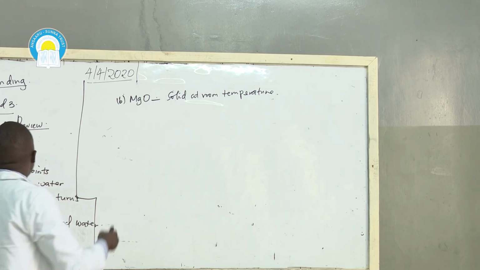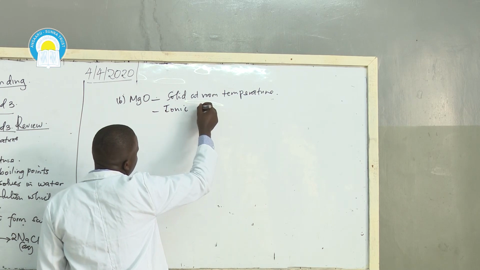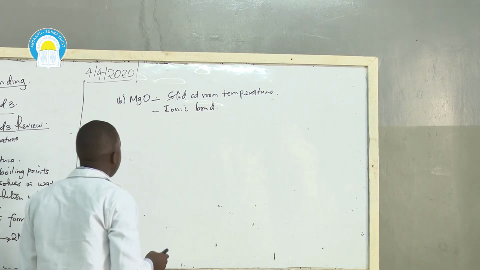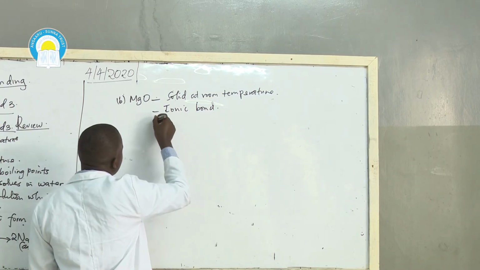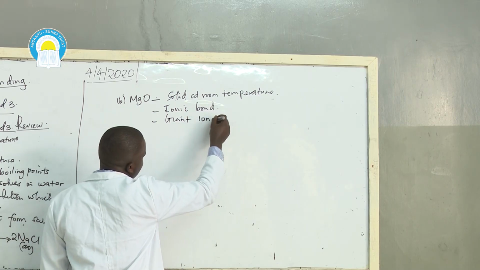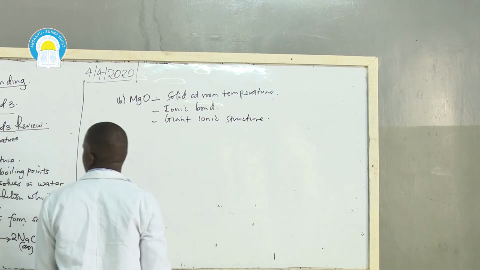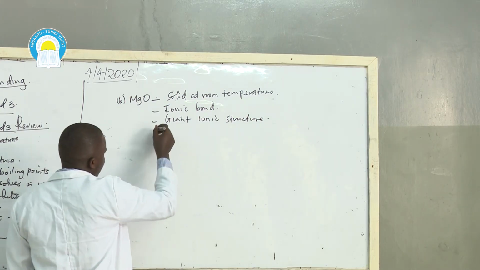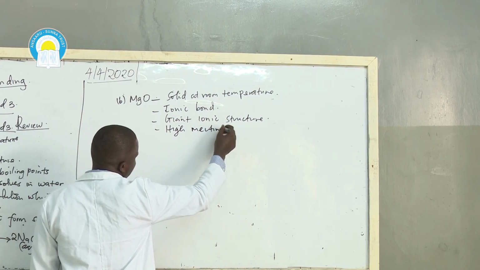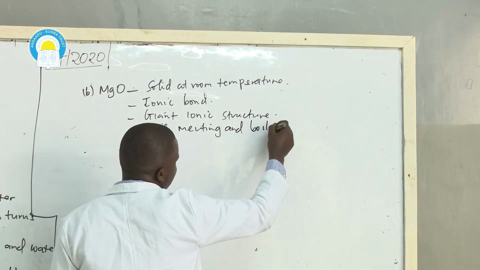It is also an ionic compound, just like sodium oxide. Ionic bonding is present there. Then it forms a giant ionic structure. It also has high melting and boiling points.